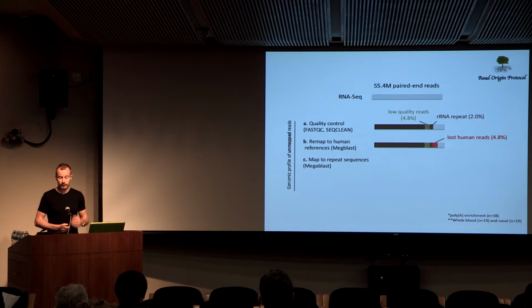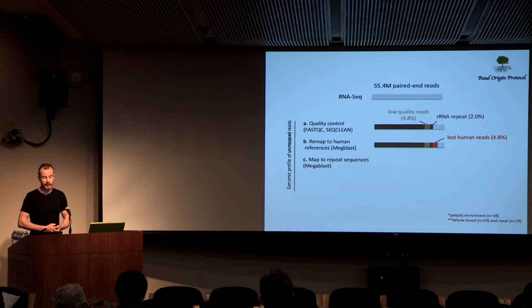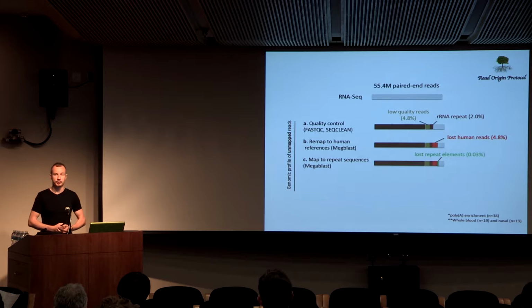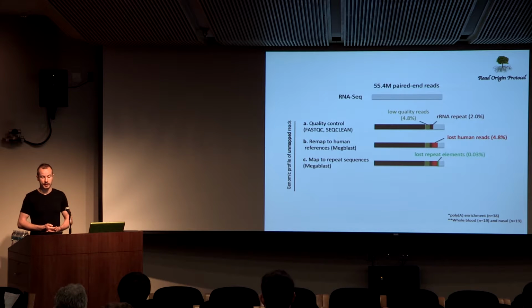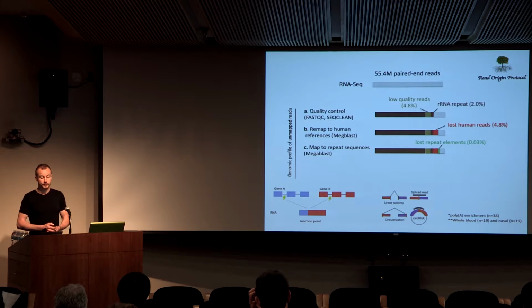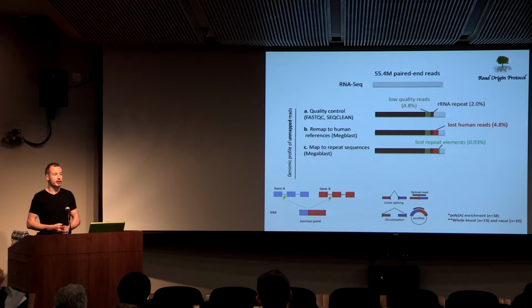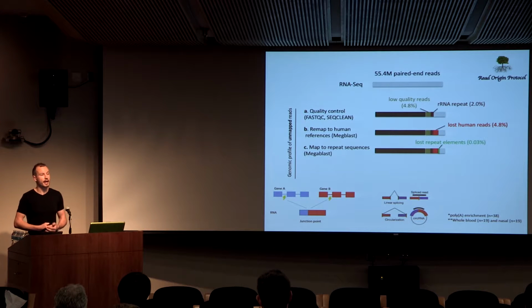The next step of the protocol is to identify so-called lost repeat reads, the repeat reads which were missed by the mapping-based tools. We also thought about things which are not collinear in terms of the genome and thus will not be captured by mapping-based protocols.